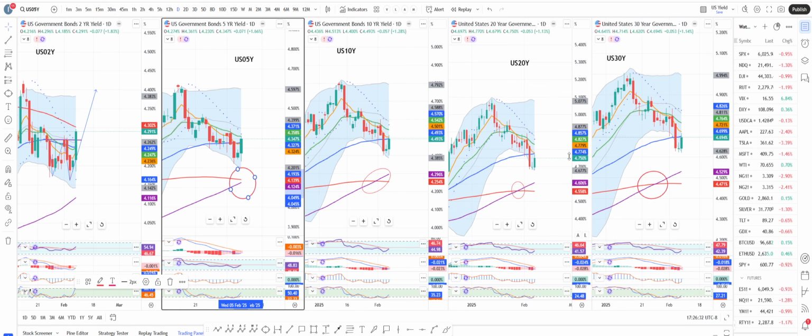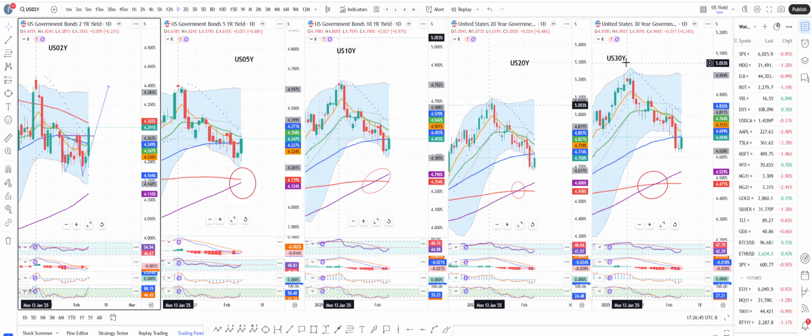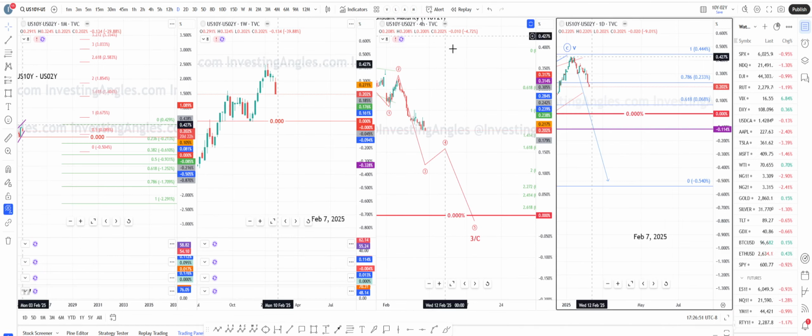And this is only the beginning. The interesting thing, however, is that the pace of the rise of the 2-year is much higher than the one for 30 years. And this would have an implication on the spread.